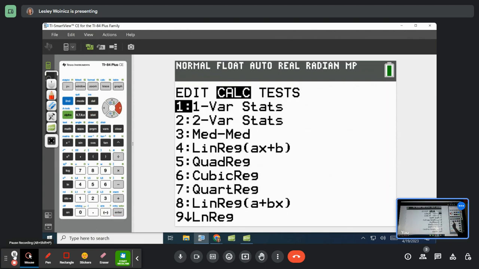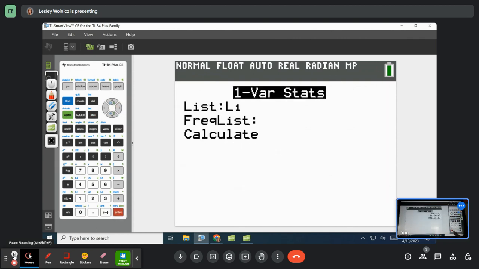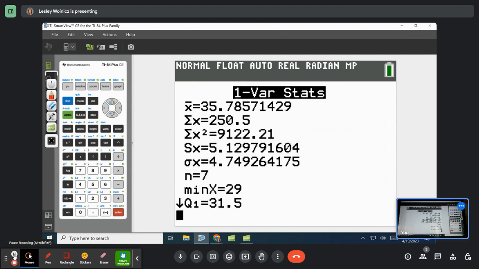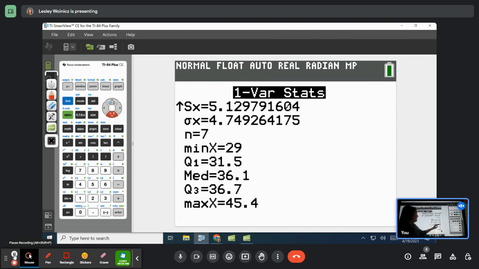Calculate our one variable stats. Okay. Here we have our sample standard deviation. We've got our mean, we've got our median, and we can quick calculate the range by doing the max minus the min.